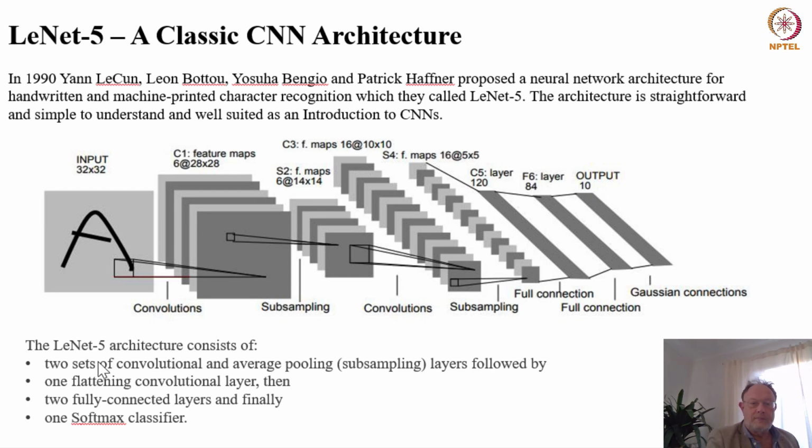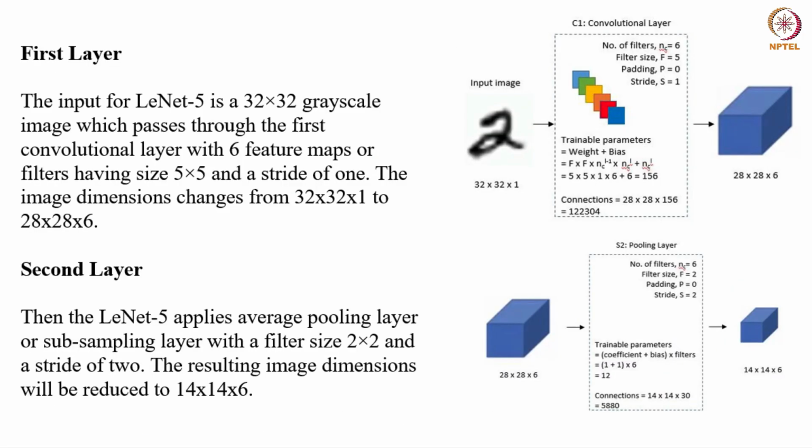So one flattening phase, two fully connected layers, and finally a softmax classifier is applied. You also see clearly how these dimensions vary. This is a key issue to understand: the size of these arrays, and so how complex the problem you create is.